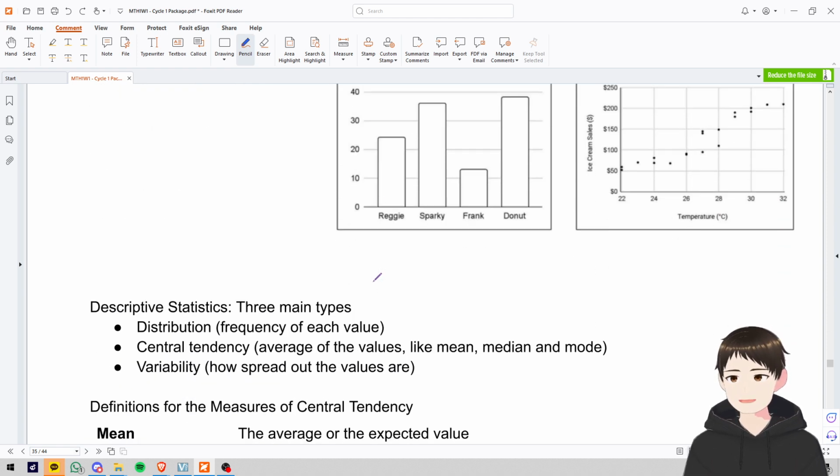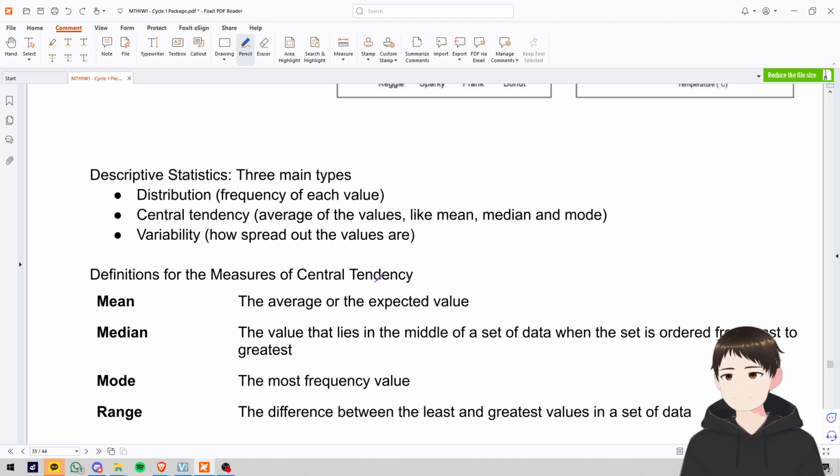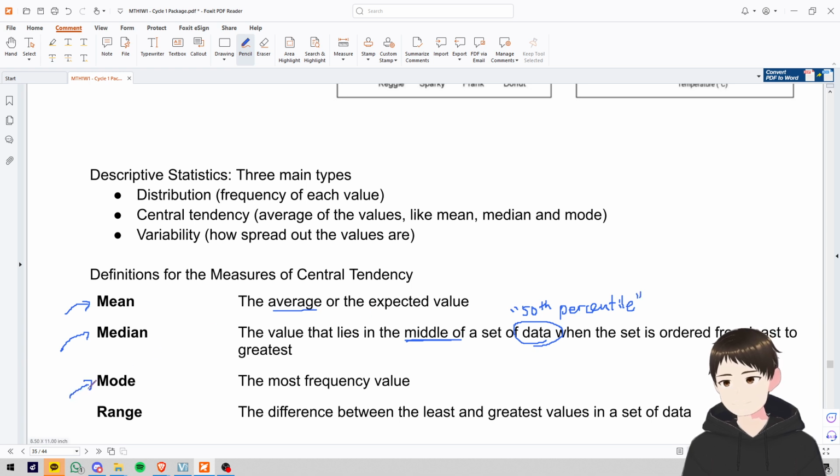When we have one variable data, it is often analyzed by talking about a mean, or the average; the median, the number that is exactly in the middle of all the data, so what we call the 50th percentile, I guess, generally speaking; the mode, which is which one shows up the most often; and then the range, which means the spread between the lowest and the highest number.